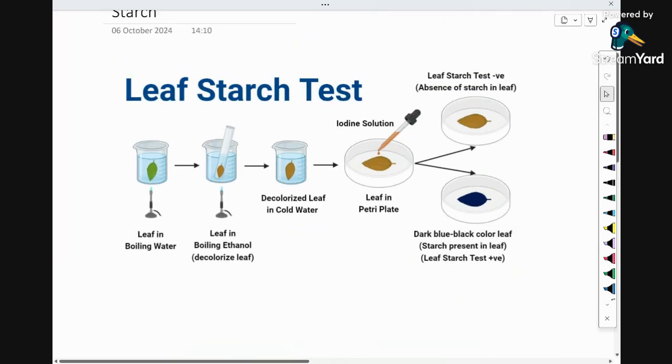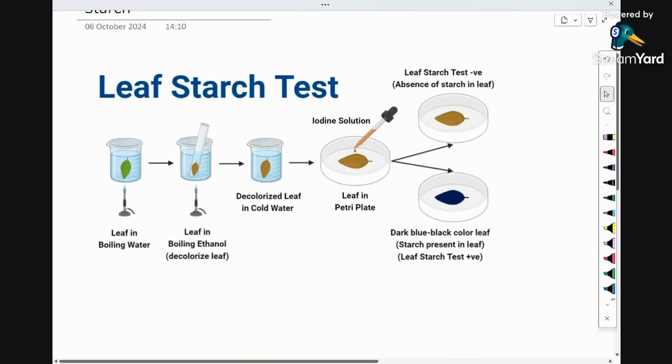So this is shown here, where if you're going to do this on a leaf, and this is just to bear in mind, you need to decolorize the leaf, because if you're going to add dye or iodine, you don't want any pigments in the leaf causing aberrant results. So the first thing you actually do for a leaf is you boil it in water.